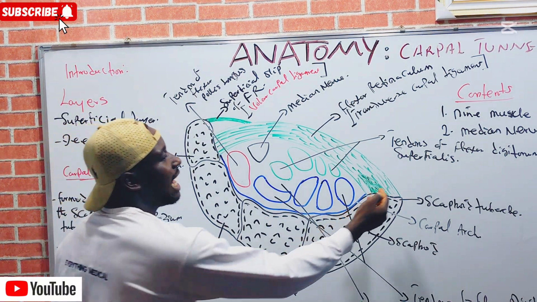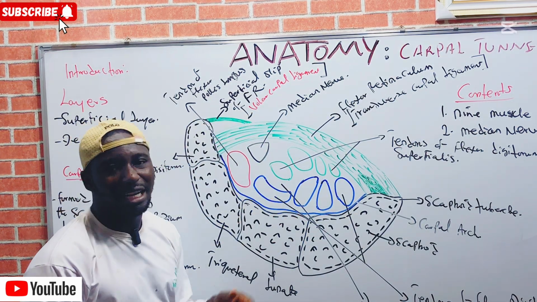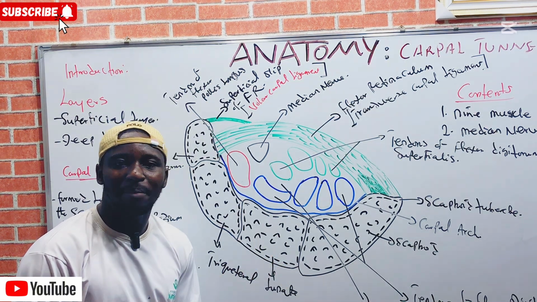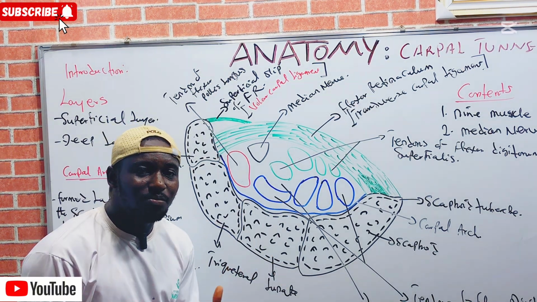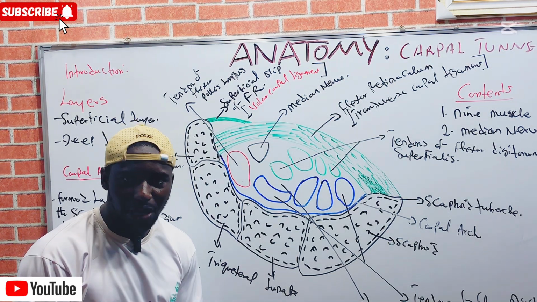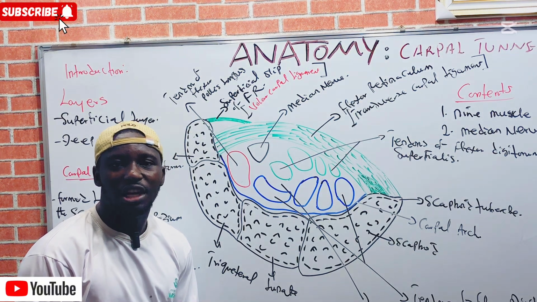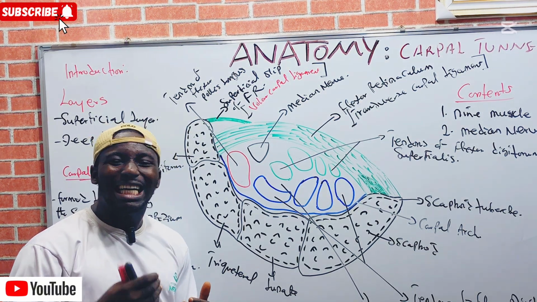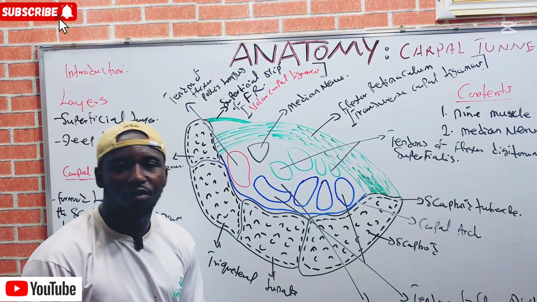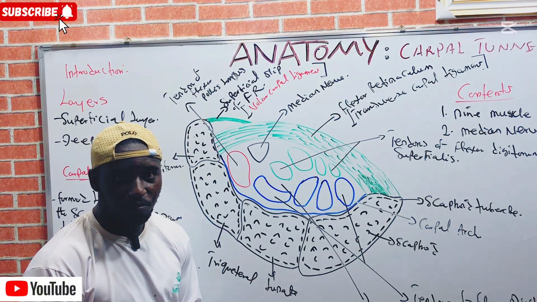Now, the median nerve at the level of the carpal tunnel. Recall that once the median nerve passes through the carpal tunnel, it terminates by bifurcating into two terminal branches: the palmar digital branch and the recurrent branch. Now, the recurrent branch supplies the muscles of the thenar eminence.